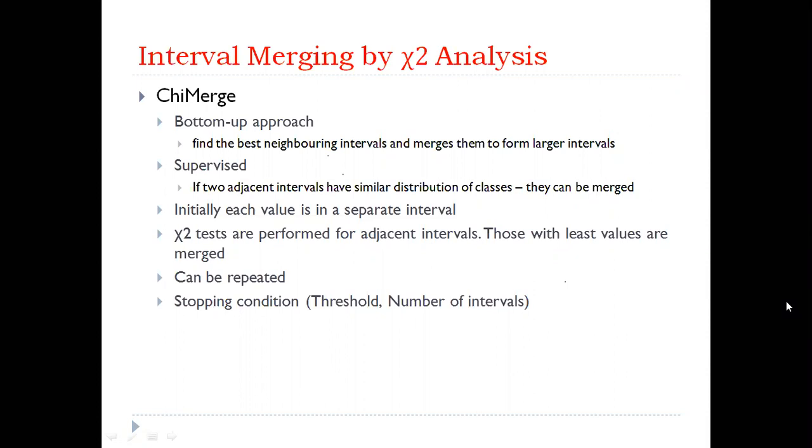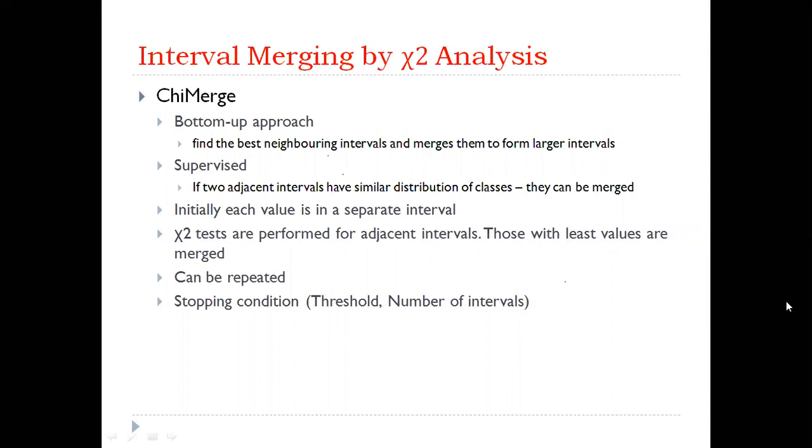Okay. Now, under the chi-merge, there is an approach called the bottom-up approach. Why do we need this? We are trying to find the best neighboring intervals and merge them to form a larger interval. We've taken a simple example of age group, girls. I said 0 to 5 and 5 to 10 age group of children. Now I am unable to find any findings from 0 to 5.